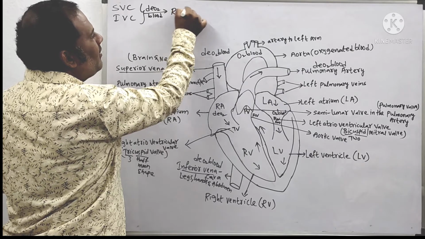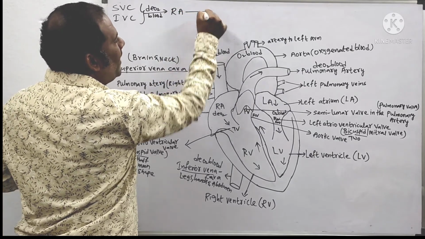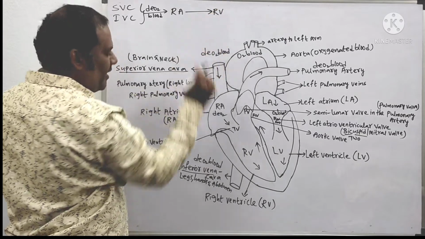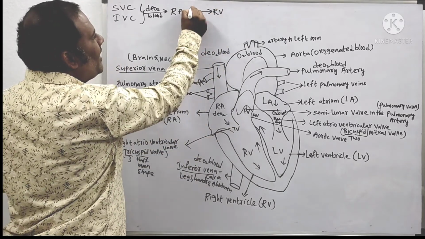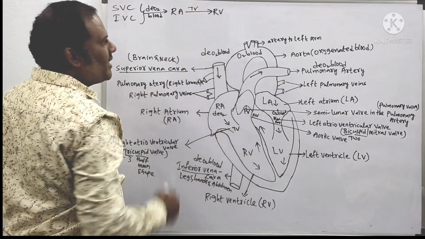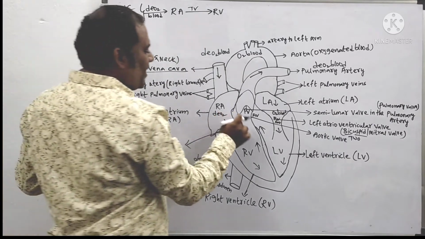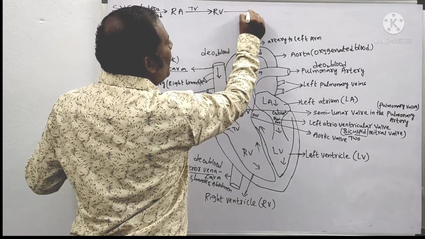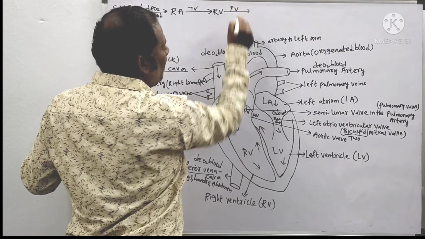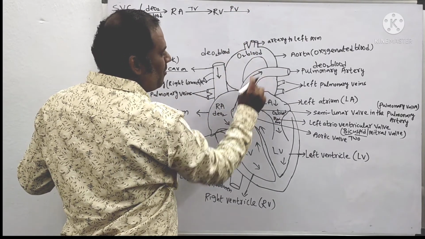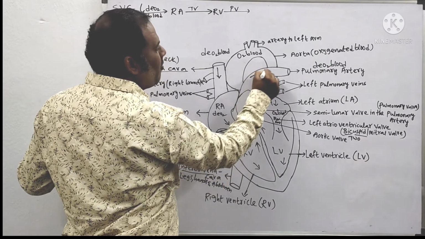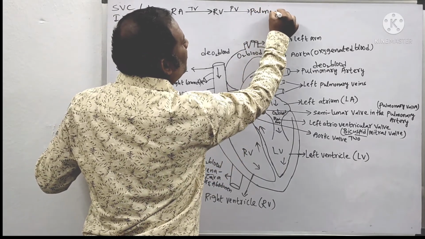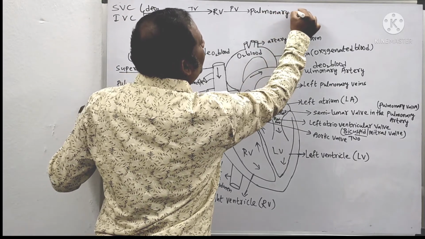Right auricle. From the right auricle, that blood goes into the right ventricle, with the help of the tricuspid valve, TV. From the right ventricle, you see these arrow marks, it goes through the pulmonary valve, and from the pulmonary valve into the pulmonary artery.